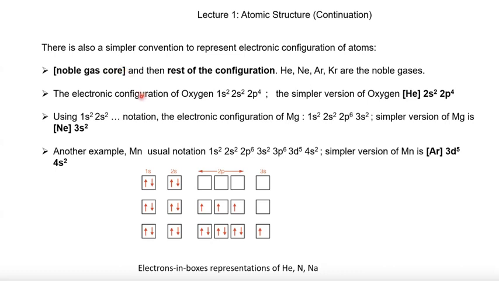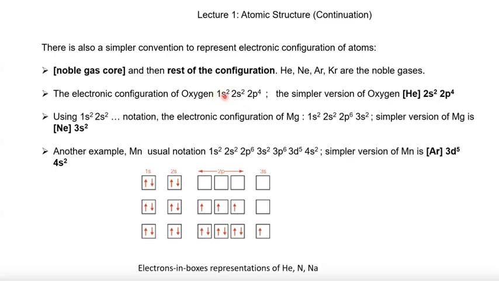We take an example. Oxygen has this electronic configuration, 1s2, 2s2, 2p4. If we go for this version, we write the electronic configuration of oxygen like this. The simpler version, because 1s2 is the electronic configuration of helium. So we write in square brackets helium, and then 2s2, 2p4.